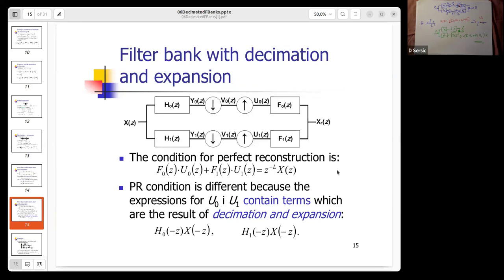That's what we want. But the bad thing is that our overall equation contains terms with minus signs, minus z, that are kind of a result of decimation and expansion. And this is something that we do not want. So we will split the result into a part that is already familiar to us, which is the good part, and let's say the bad part.